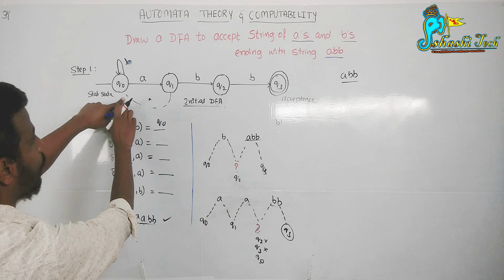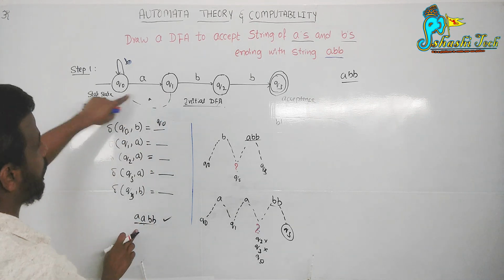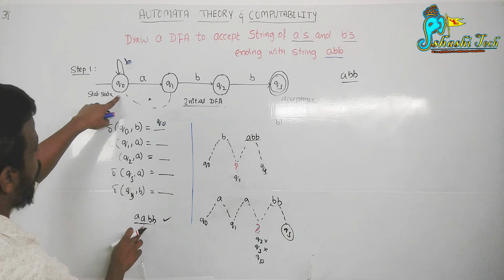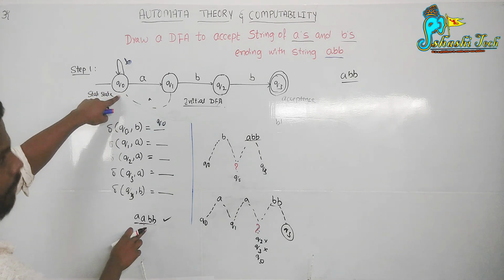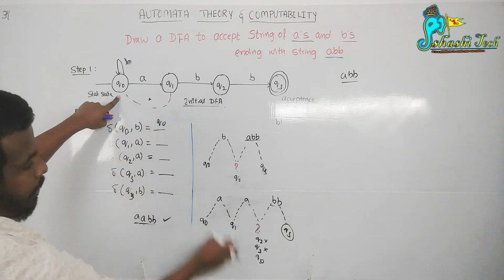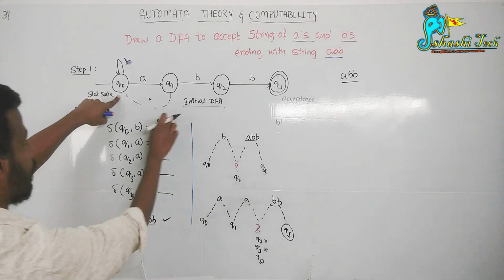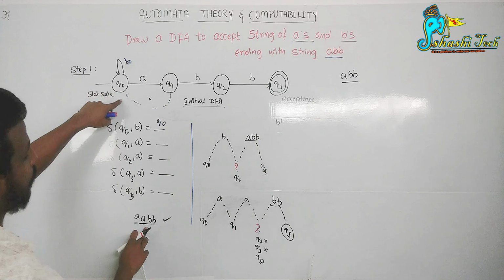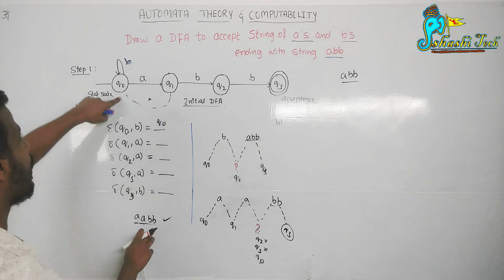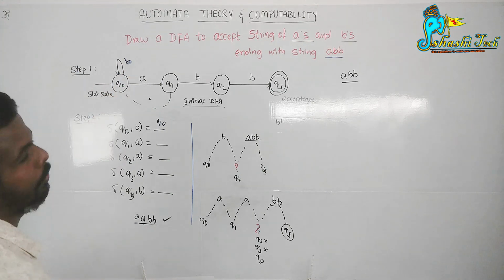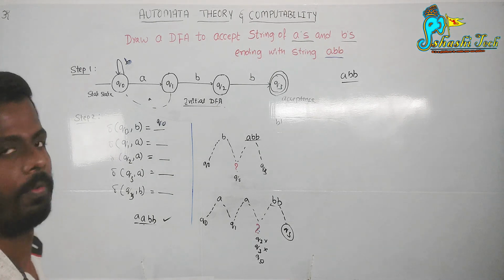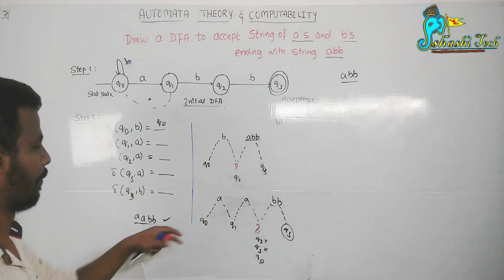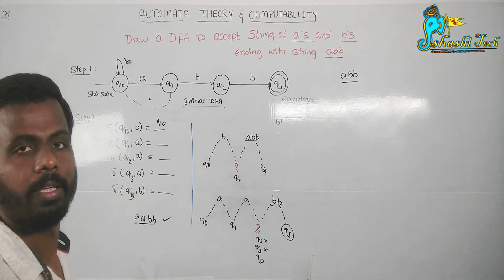Let us see. Q0 upon accepting A reaches the Q1 state. Q1 upon accepting A reaches the Q0 state. Then Q0 upon accepting B reaches the Q0 state. Now tell me whether it is correct or not. No, this is not correct.